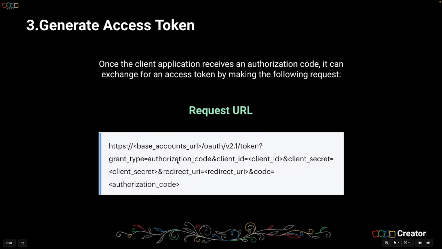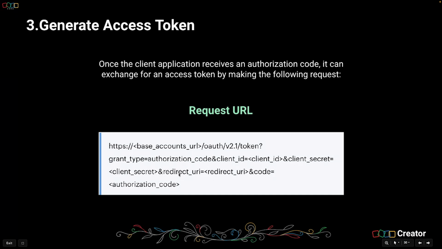The grant type is authorization code, and the client ID and client secret, which we fetch from the previous step from our API console, and the redirect URI and the authorization code, which we would have generated in the previous step.